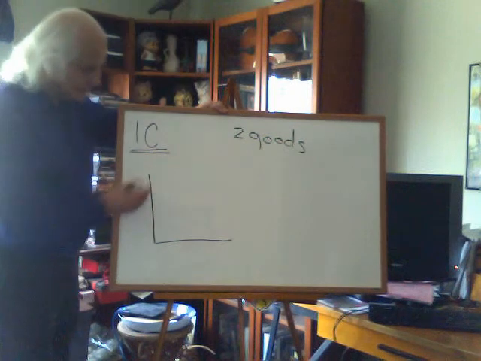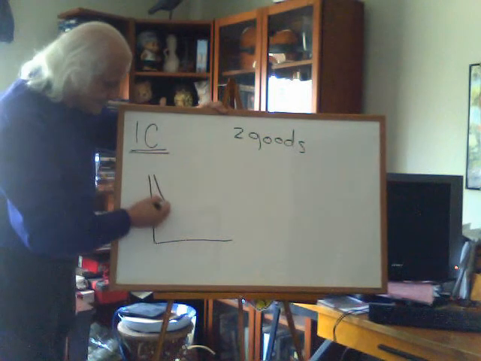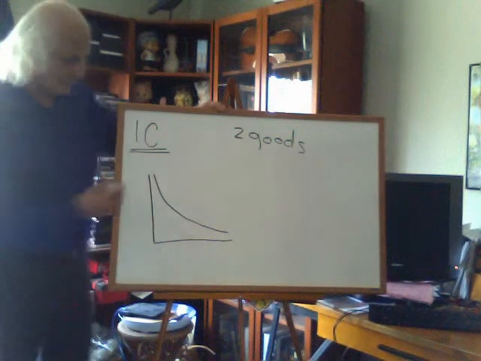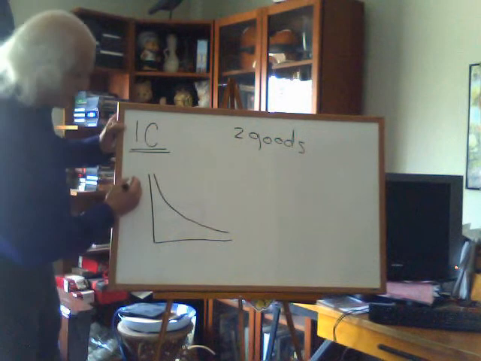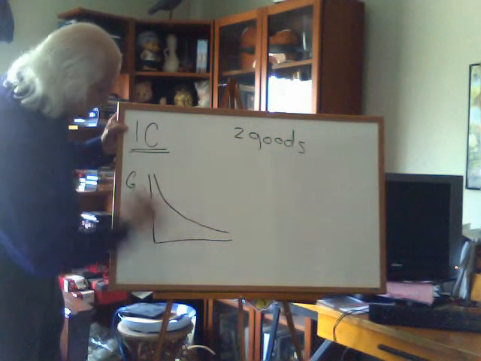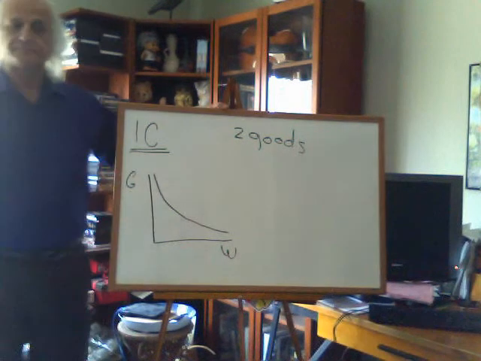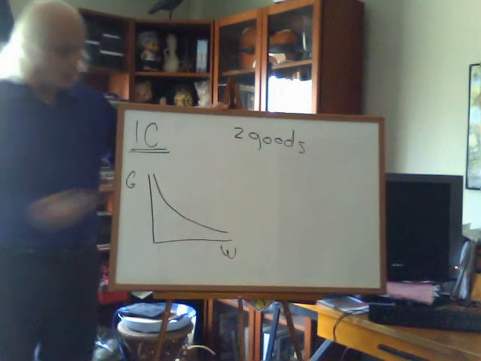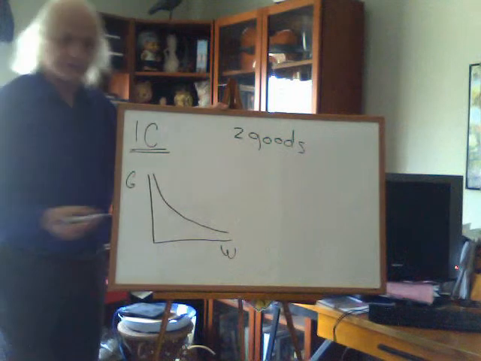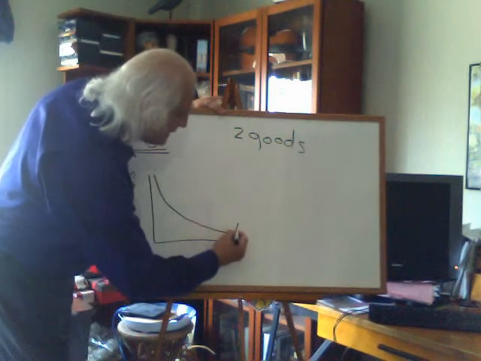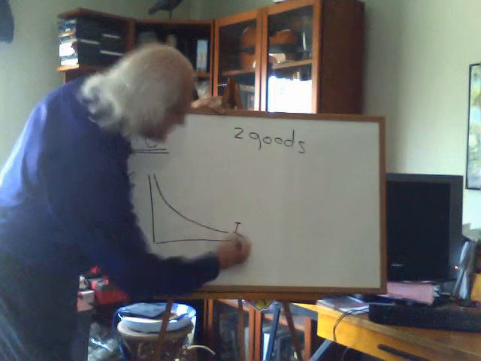We're going to say that there is a locus of points of these two goods, whatever they are. Let's go back to our traditional example, guns and wheat. All of these combinations of guns and wheat yield the same level of satisfaction.